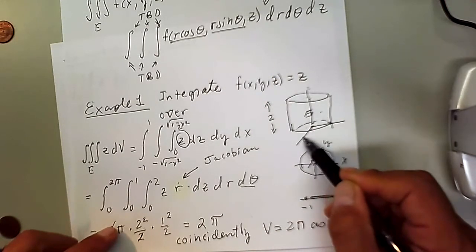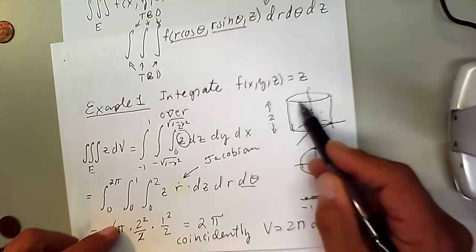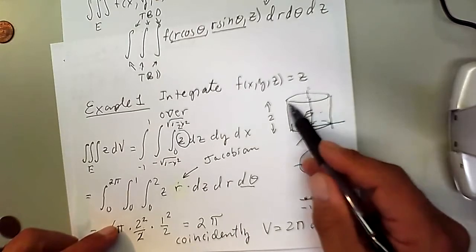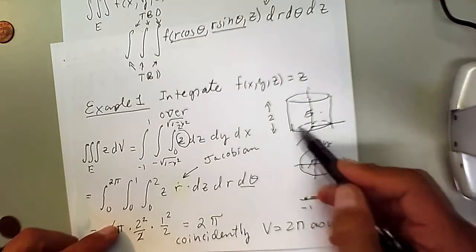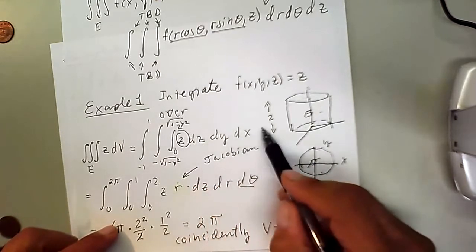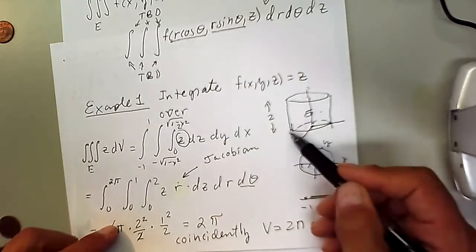So X's here are going to give you positive numbers. X's back there are going to give you negative numbers. And because everything is so symmetric with respect to the y-axis, if you put an X in here, you're going to get 0. Because the distance this way is going to be positive, the distance that way is going to be negative.